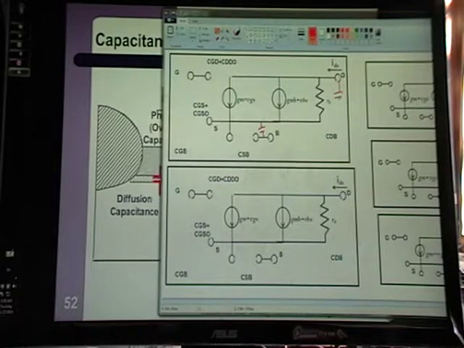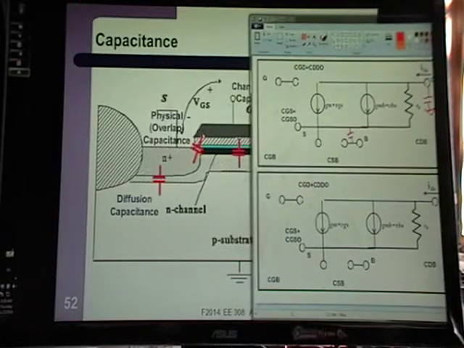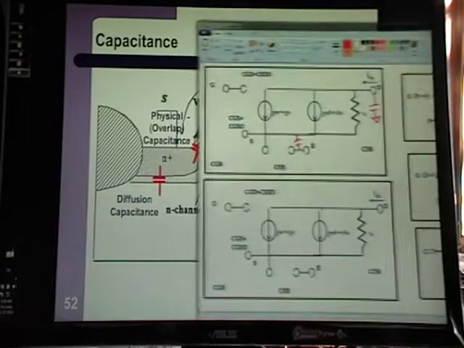And remember, the substrate is at a DC value, so that becomes an AC ground. And then you have these overlap capacitances, which are gate source and gate drain.